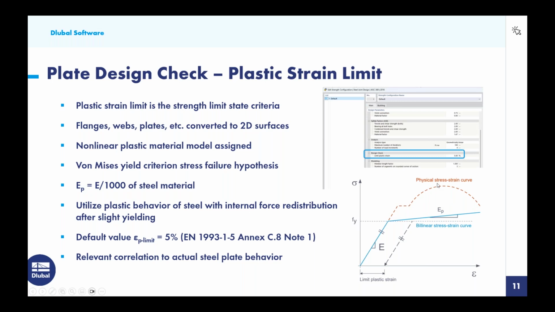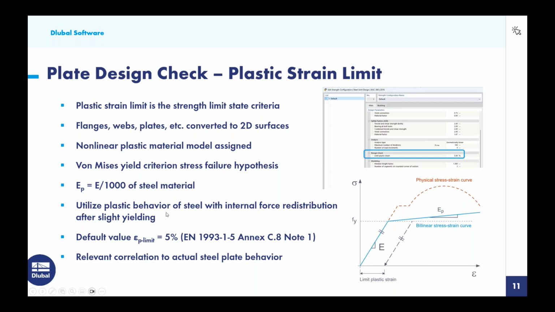Well, for the von Mises yield criterion within the program, we're actually going to simplify this just to a linear line here. Now we know the slope in the linear elastic region is just set to the modulus of elasticity E. For the slope here in the plastic region, we set this to the plastic modulus of elasticity, and we calculate this by just taking the linear modulus of elasticity divided by 1,000.